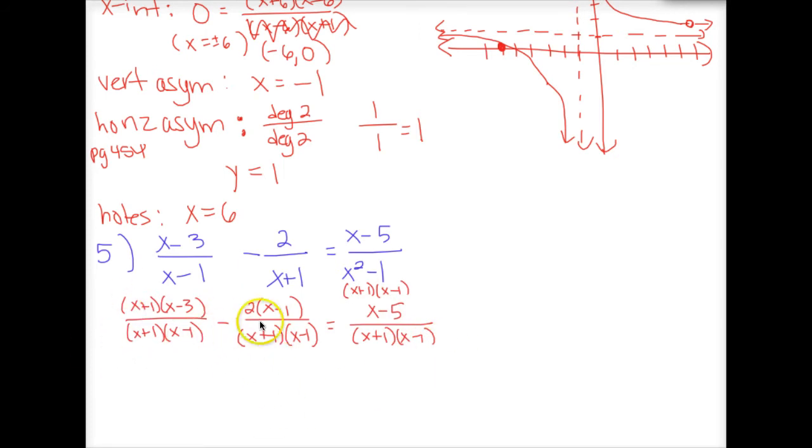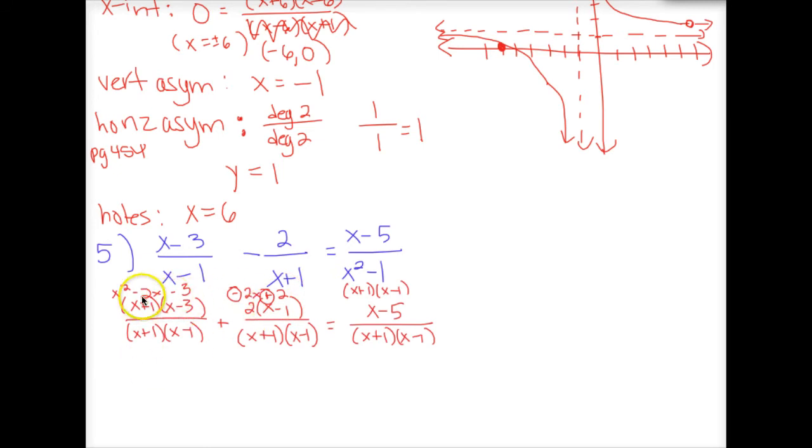Okay, so now over here, I need to do some foiling and distributing. This is x squared minus 3x plus x, which is minus 2x, minus 3. Over here, remember that this is subtraction. So the distribution by itself gives you 2x minus 2, but because it's subtraction, I need to change both the signs in order to make this addition so that I can just combine like terms.